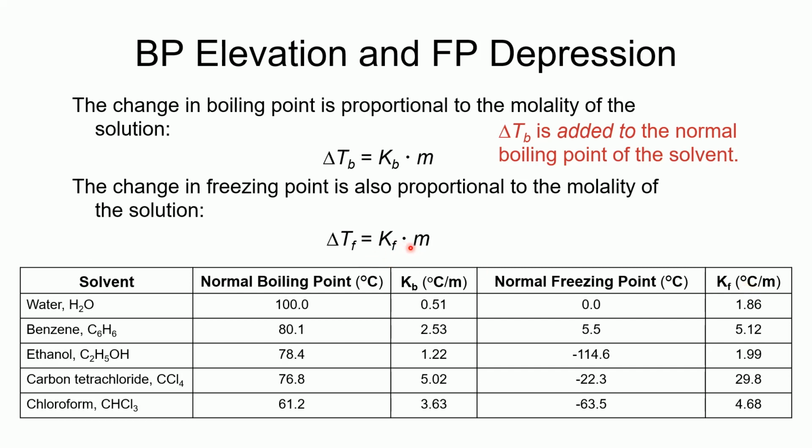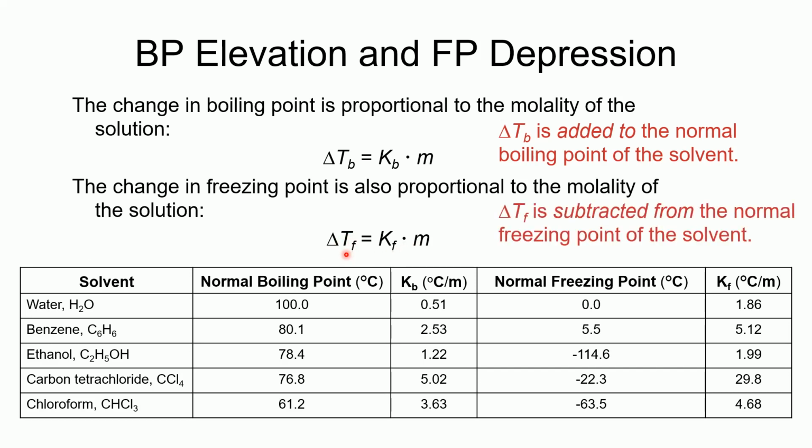And m is the molality of the solute. Once we calculate delta Tf, we're going to subtract delta Tf from the normal freezing point. So the big difference here is that the delta Tb we add to the normal boiling point, and the delta Tf we subtract from the normal freezing point.